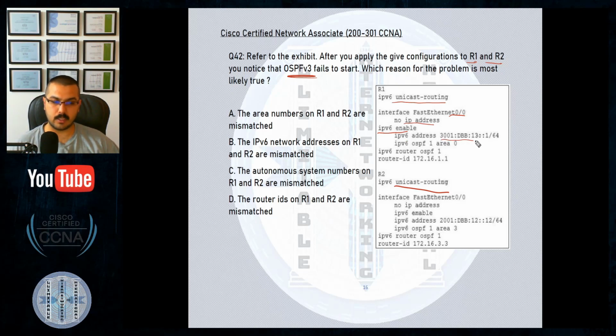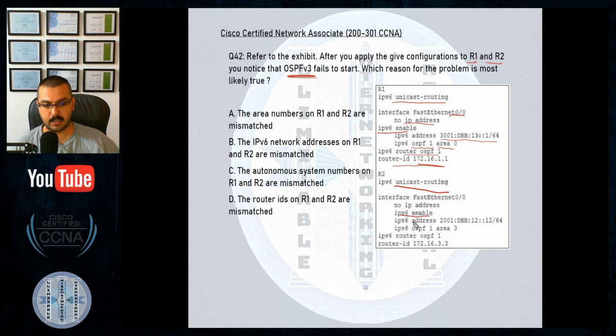It's advertising OSPF process 1, area 0. There is a process ID, and the router ID, even in OSPFv3, still remains being typed as a 32-bit address, like an IPv4. For the other router, it's also the same thing.